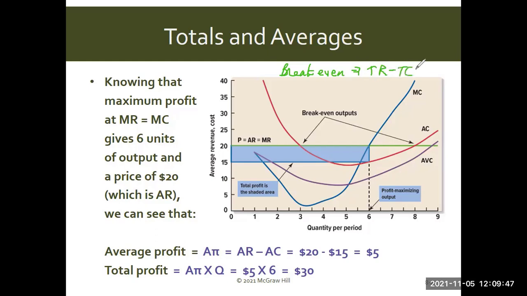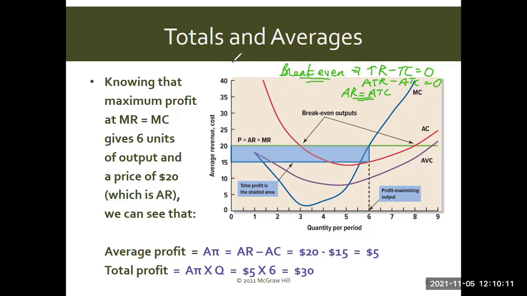So total revenue minus total cost is 0. But using basic math, that must mean that average total revenue minus average total cost equals 0 as well. Or we can just look for a point where average revenue equals average total cost. That's going to be a break-even point.